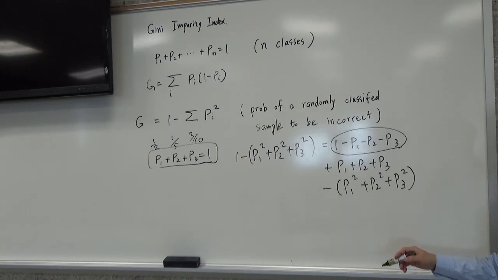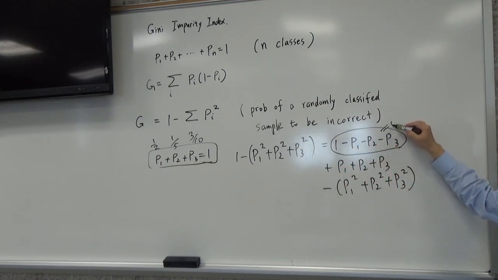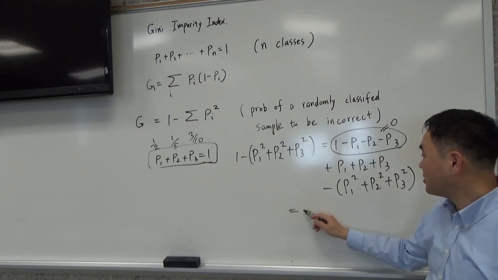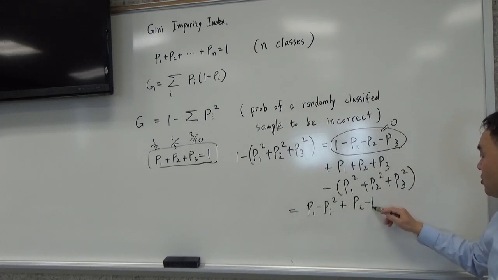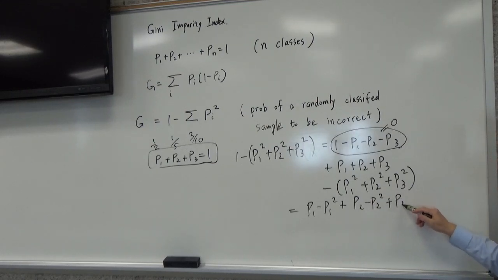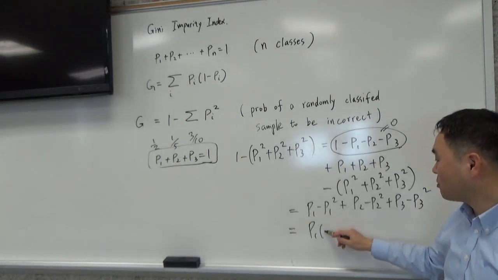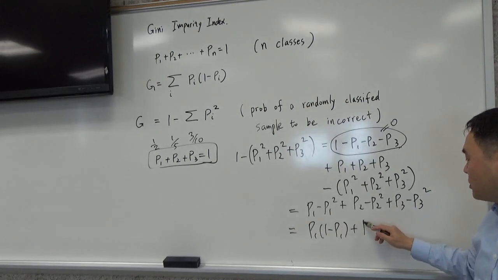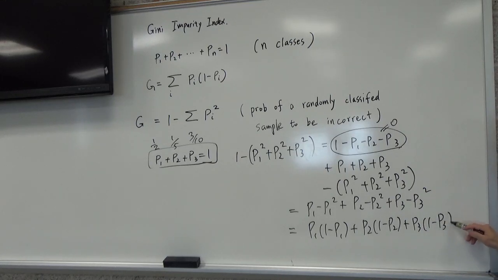This is 1, minus the sum of the probabilities, so that will be 0, right? So now what you have is p1 minus p1 squared plus p2 minus p2 squared plus p3 minus p3 squared. And that's the same thing as p1 times 1 minus p1, plus p2 times 1 minus p2, plus p3 times 1 minus p3. Okay?